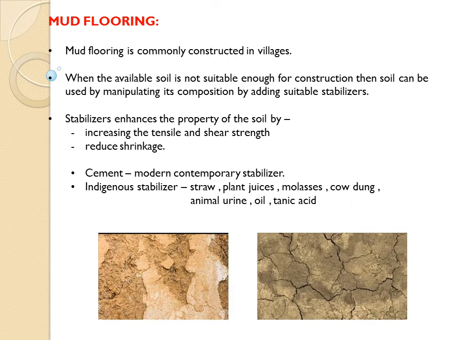The soil is something we could easily find anywhere. So when the soil is available, one could easily make the mixture and convert it into flooring. Next, when the available soil is not suitable enough for construction, then the soil can be used by manipulating its composition by adding suitable stabilizers.